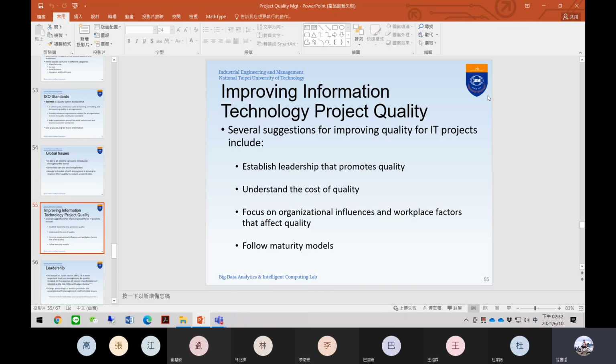So this is a man-to-man interaction. A very positive image and positive message should be delivered to every single individual in the enterprise, following a maturity model.